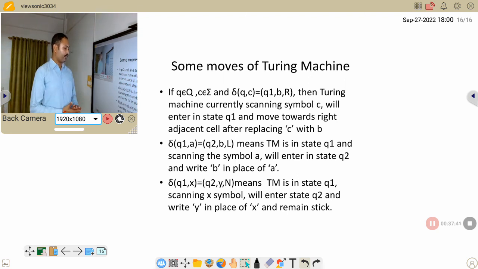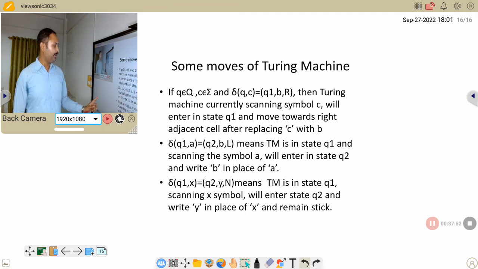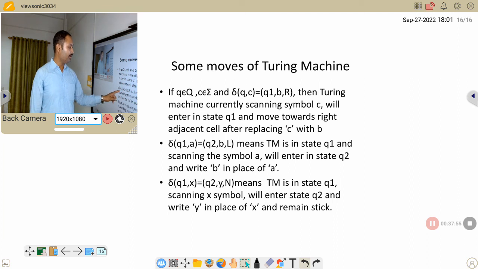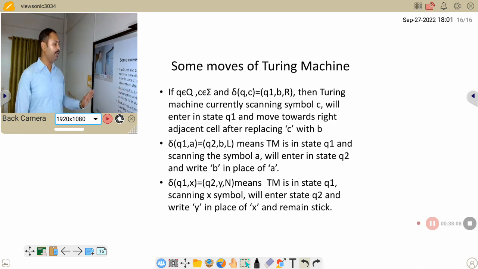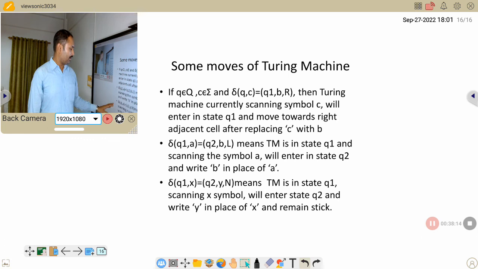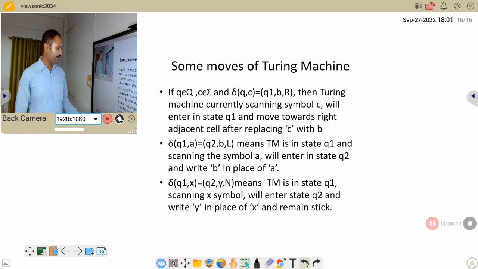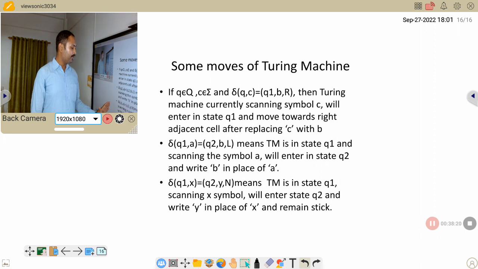Now, this is another operation, that is delta(Q1, A) = (Q2, B, L). What is the meaning of that? Our present state is Q1 and the scanned symbol is A. So after performing the scan operation, it will write B over A and the movement of the read-write head will be left. And the third point says that the read-write head will do nothing.